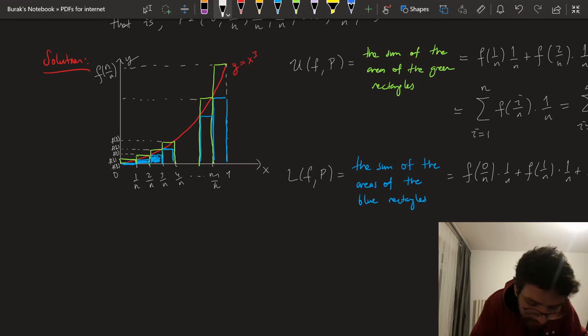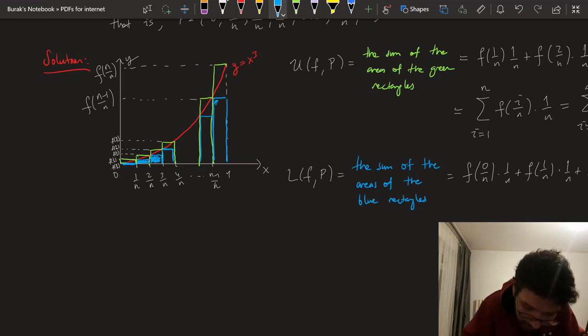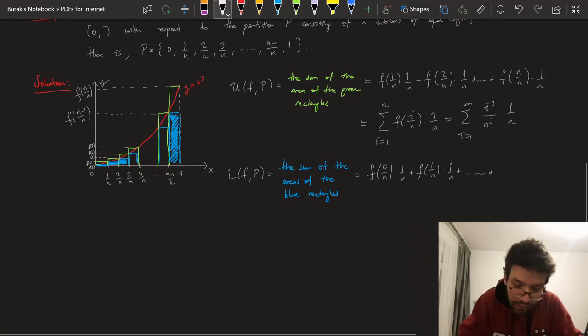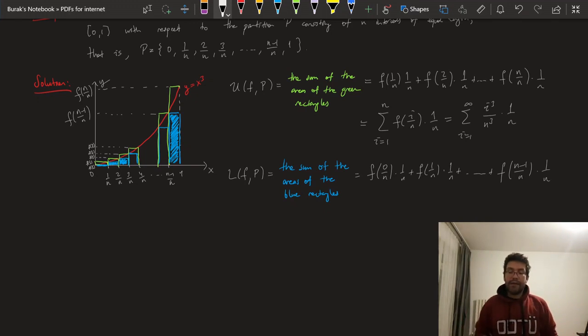what's the height of this last blue rectangle? It is f of n minus 1 divided by n. Okay, so it's going to go up to this point, the height of the last rectangle is f of n minus 1 divided by n times its width. So you get the area of the last rectangle.